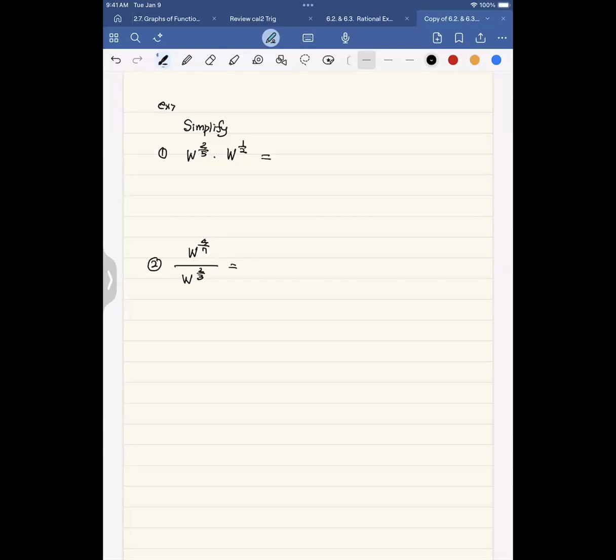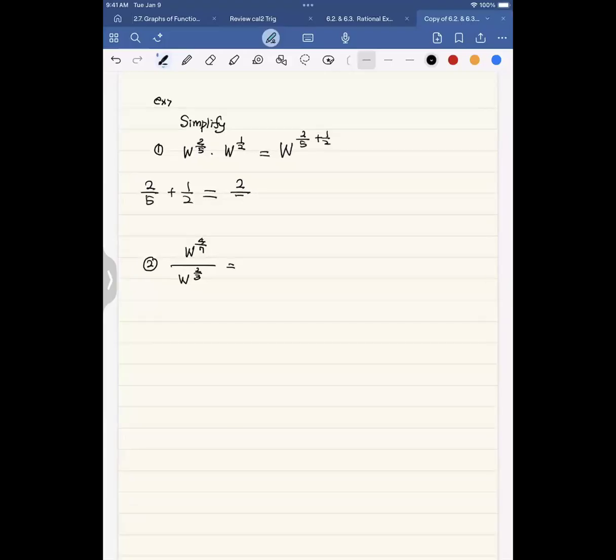The next problem is w to the 2 over 5 power times w to the 1/2 power. So we have w to the 2 over 5 plus 1 over 2 power. We have to add the fractions. There is no common factor between 5 and 2, so the least common denominator will be 10.